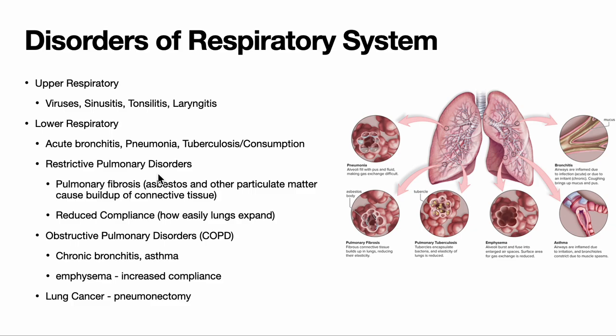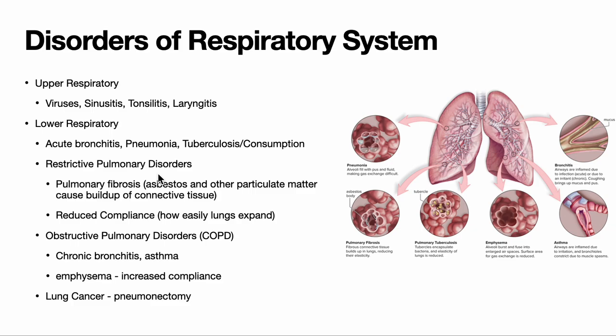Typically, you won't have signs or symptoms of lung cancer until the tumors are large enough that they actually start to restrict airflow or compress on adjacent structures, which will lead to things like pain or shortness of breath or coughing or wheezing. Most lung cancers are related to smoking, up to 90% of lung cancers, but it is possible to develop lung cancer that's not connected to smoking.